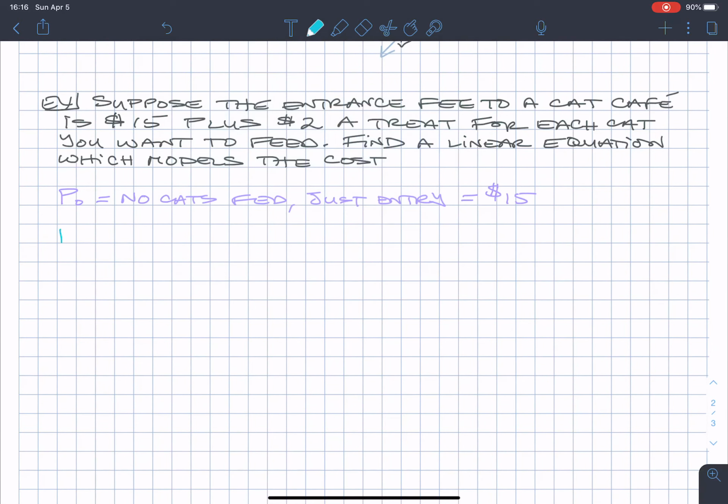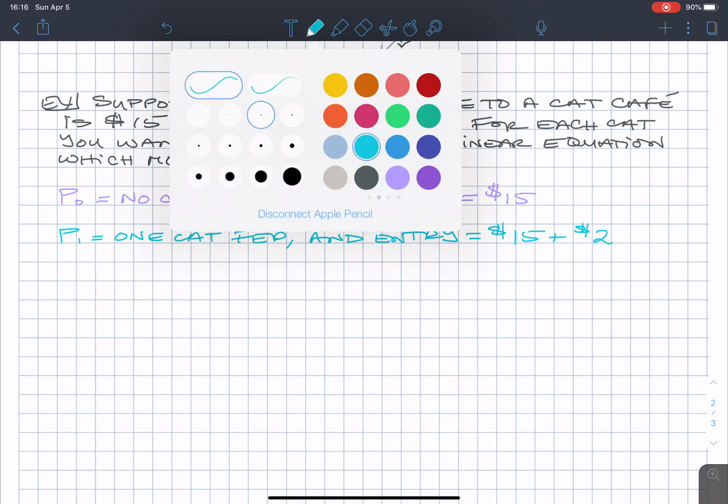So P sub 1 will be 1 cat fed and entry. Okay, so it's $15 to get in, but then I'm going to have $2 for the 1 cat I fed. So that'll be 17, of course, but I'm just going to write it this way for a moment.